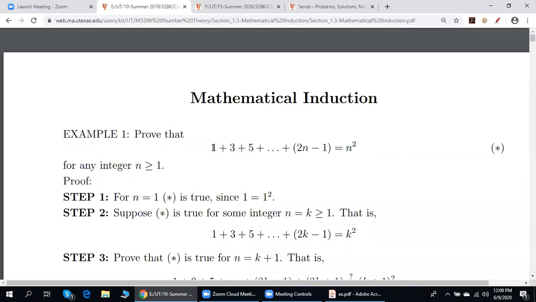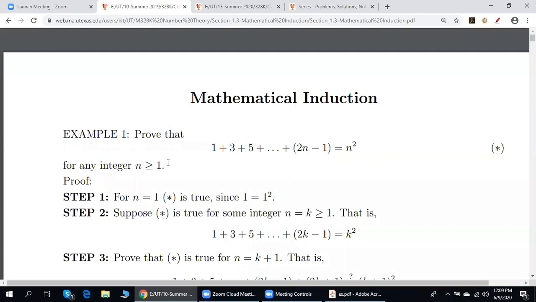Note that in order to prove this identity for any integer n greater or equal to 1, it is absolutely not enough to check it for a bunch of integer values of n, because it's quite possible that this identity is true for n equal to 1, 2, 3, 4, 5, 6, 7, and so on, but say is not true for n equal to 2020.